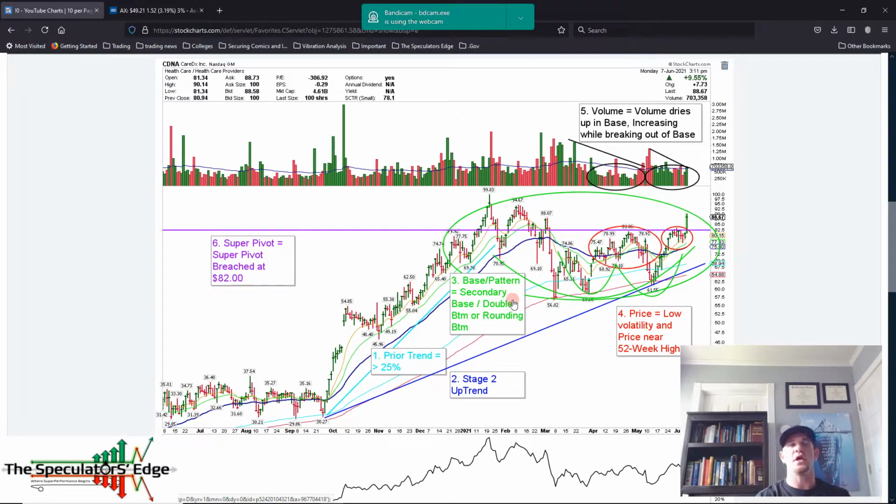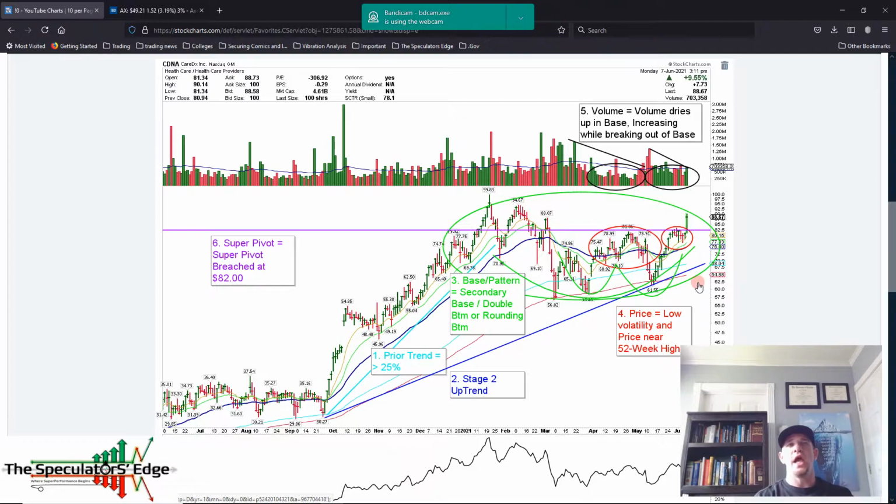The next thing that we're looking for is the base and the pattern within that base. Practically, what we have back here is a primary base which shoots out, and then we move up, greater than 25%, and we form what's called a secondary base.